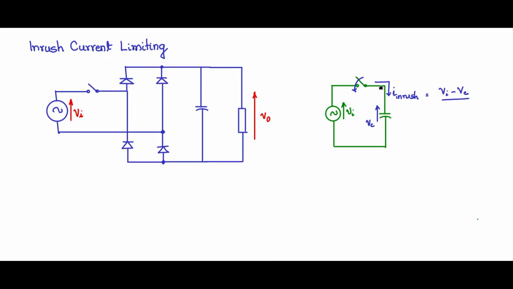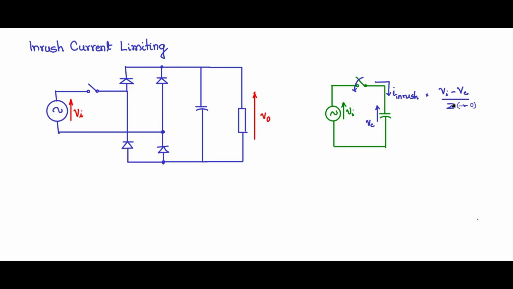So therefore the impedance in this path is very, very low, and that Z is tending to 0. So let us imagine a situation at the time of starting, where Vc is 0, and the inrush current is given by Vi by Z, and Z is very, very low.